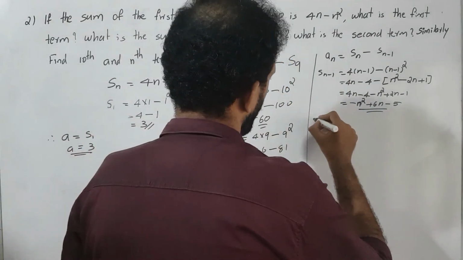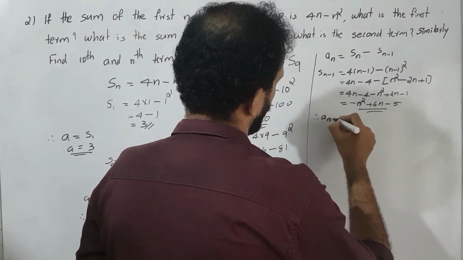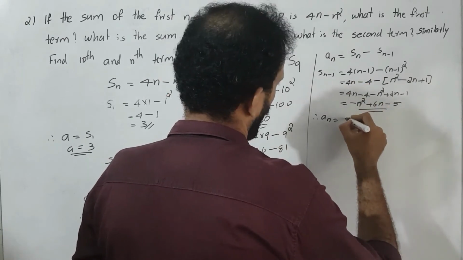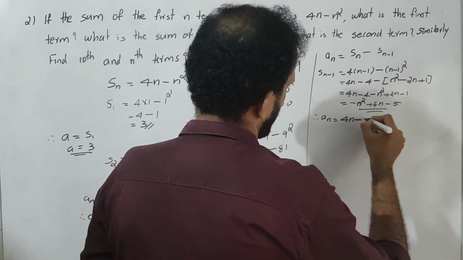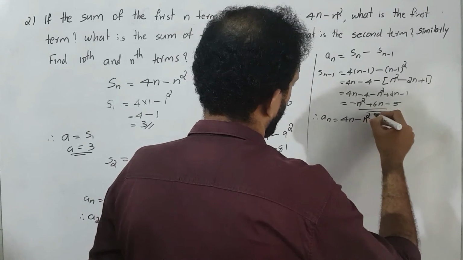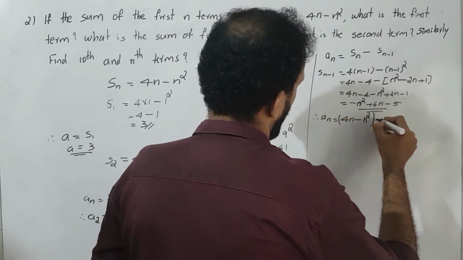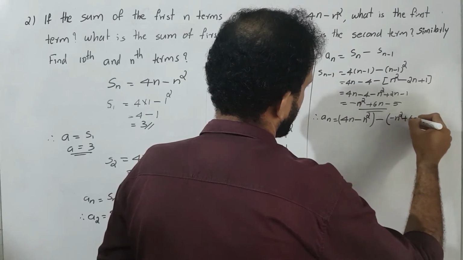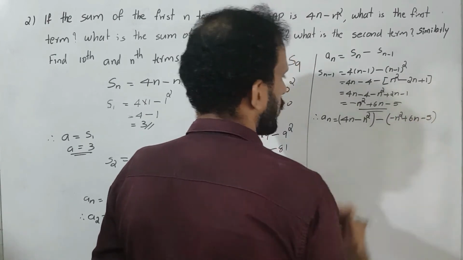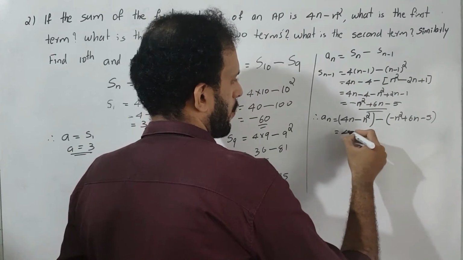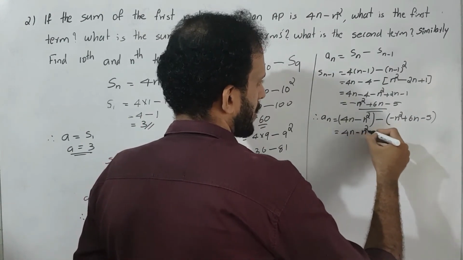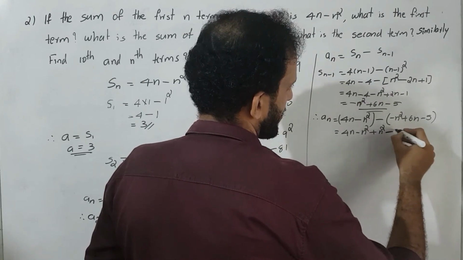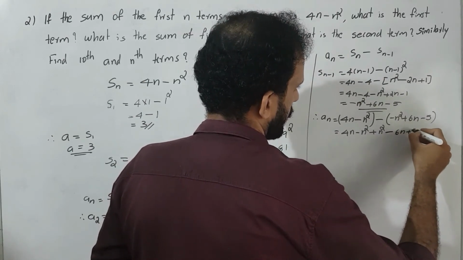Therefore, An is equal to Sn minus Sn minus 1. Sn is 4n minus n square, correct? Minus, n square plus 6n minus 5. Then it is equal to 4n minus n square, we expand the bracket, plus n square minus 6n plus 5.